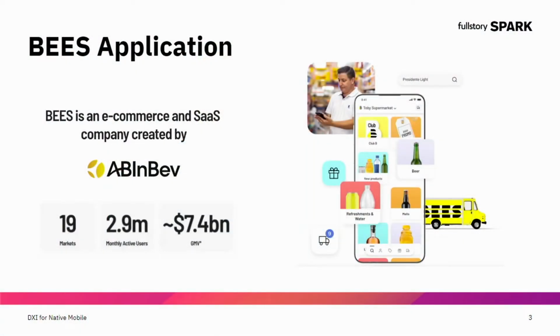Yeah, that's awesome. You talked about Bees a little bit, but tell us more about the Bees application, what it does for its customers. So Bees is really our B2B e-commerce platform that we roll out to mid-size to small retailers across the globe. With the traditional B2B sales platform, what we're doing is a digital transformation on that model, where we're putting more power into the hands of those retail owners so that they can have the same simplicity of ordering and experience that we've come to expect as consumers.